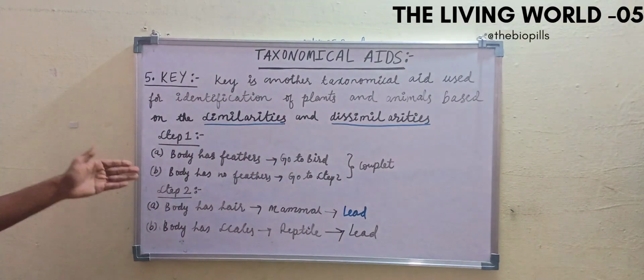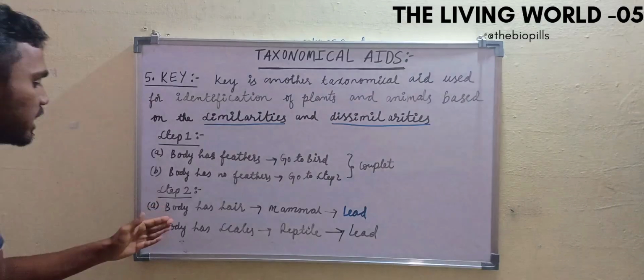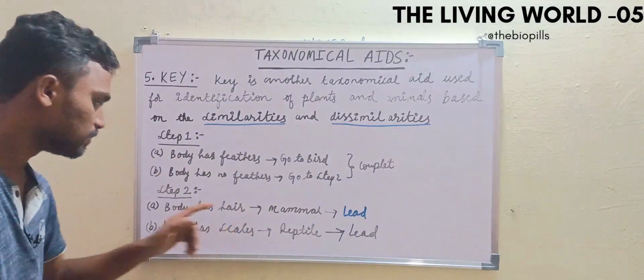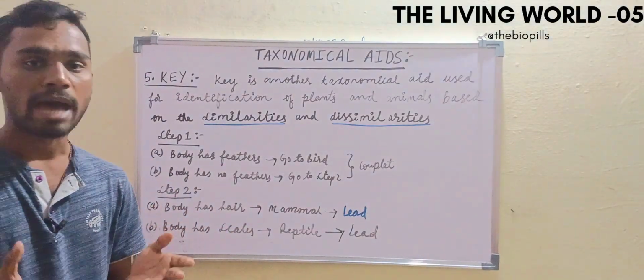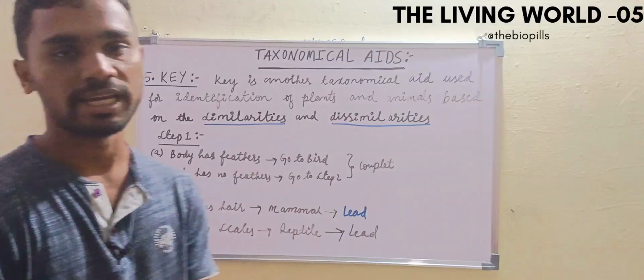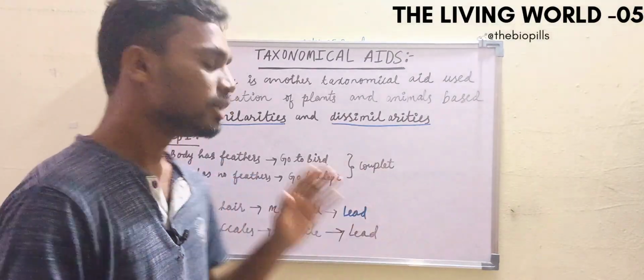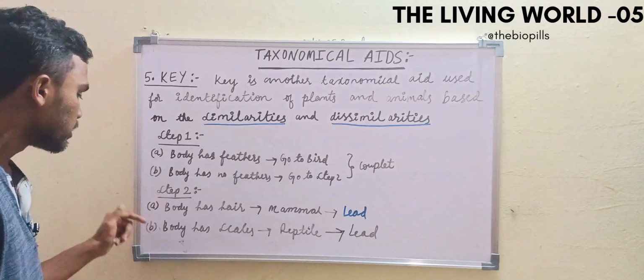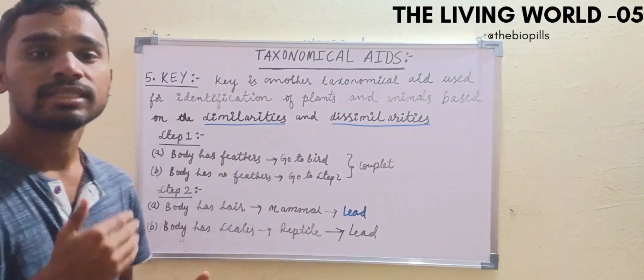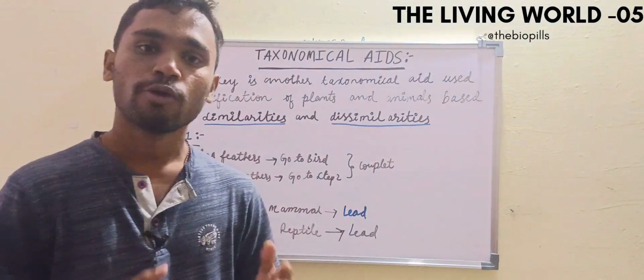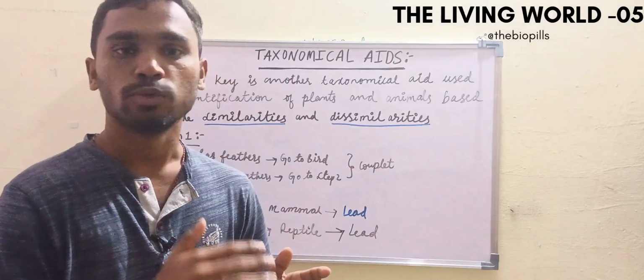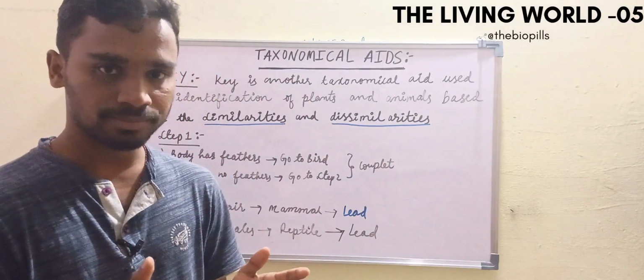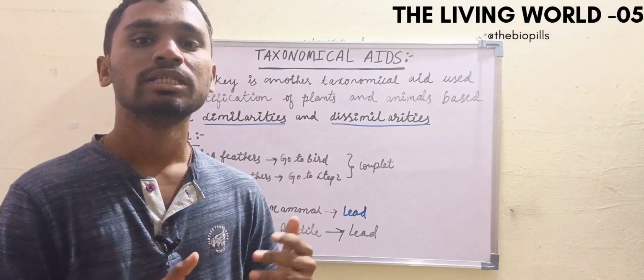Then we come to step 2. Here, body has hair means mammals only have body hair. That is definite: this character belongs to mammals. Another character, B, is body has scales. Reptiles only have scales; no other organisms have scales.